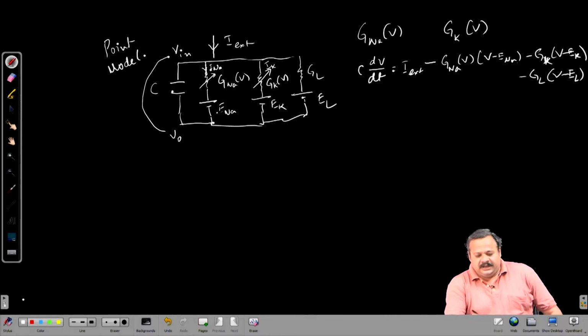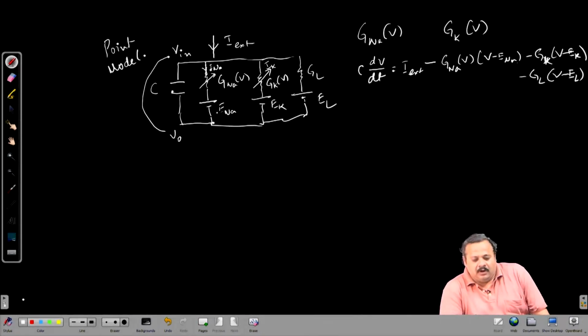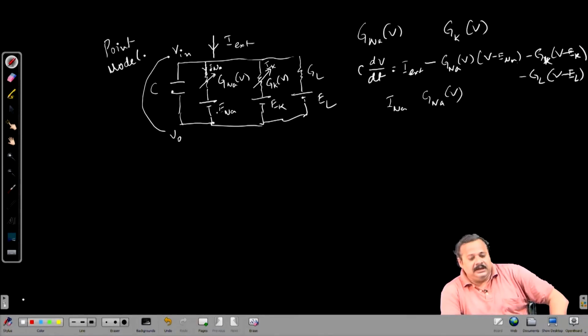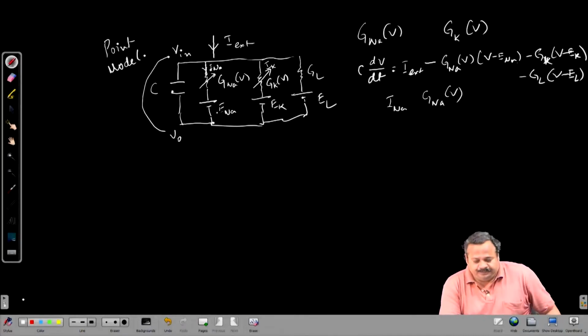So, as we said, for a clamp, we described how we can, for different voltages, by blocking one channel of the sodium and potassium channels, we can find out what the sodium current is, and that sodium current can be converted to obtaining the G Na as a function of V and T for a particular clamp.